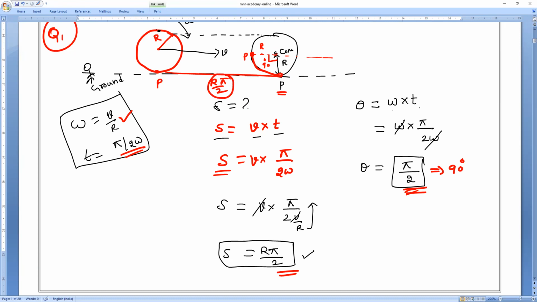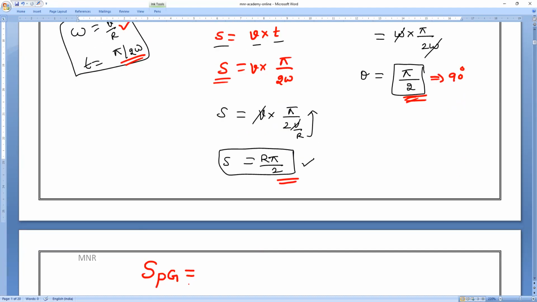Now it is not at this point. It rises to this point. So what is this height? How much has it moved away? R. Am I right? Please respond. So the displacement of point P with respect to the ground in the x-axis is R pi by 2.